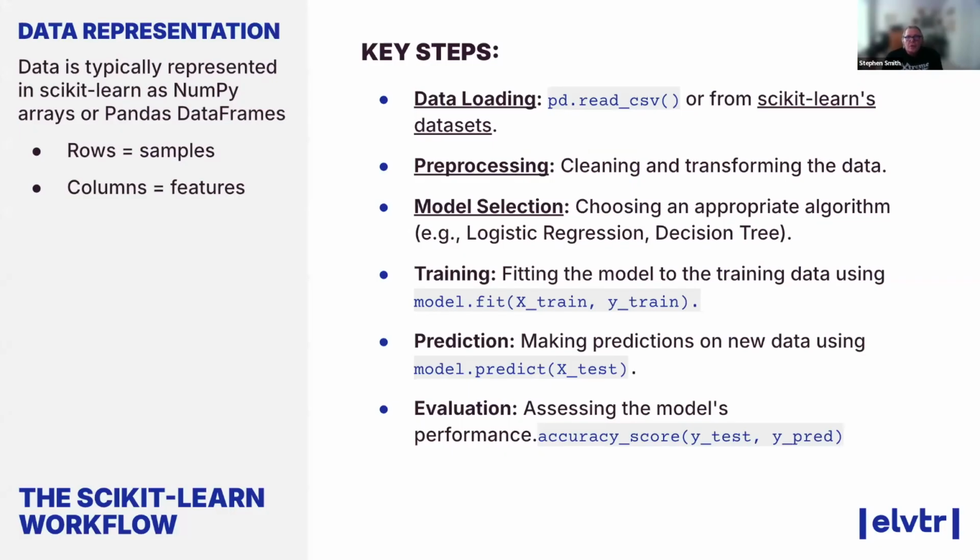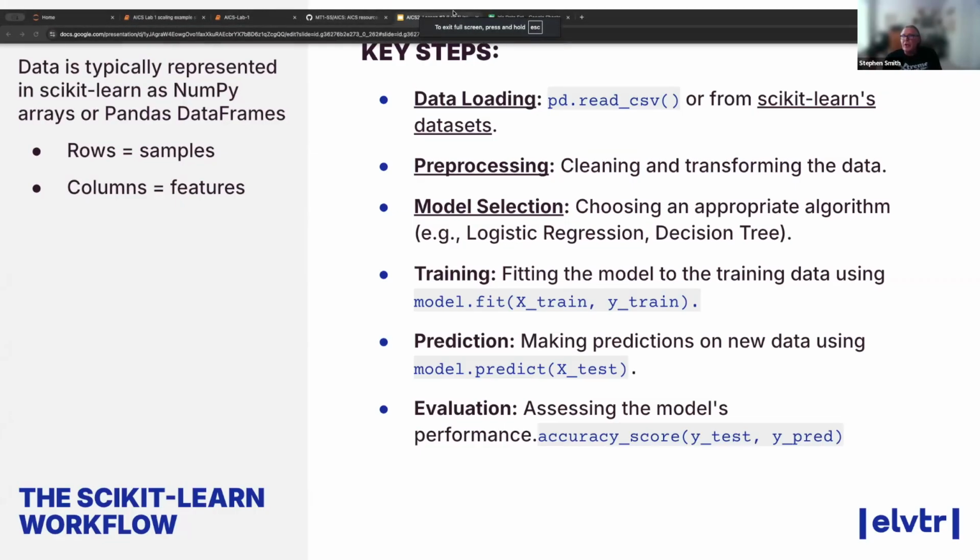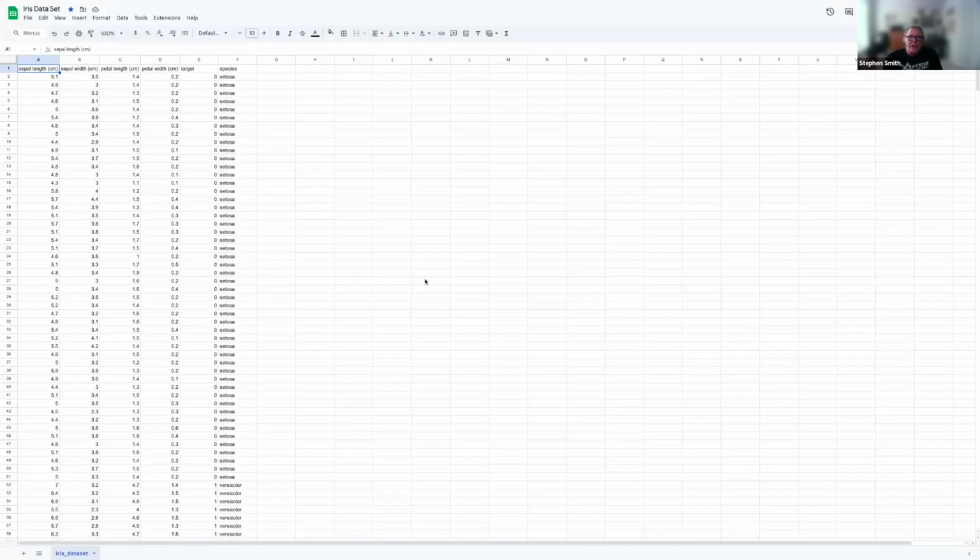Okay, so let's talk about data representation. Data typically starts out in a bunch of different forms. It can be log files, it can be a CSV file. I have an example here. This is the data we're going to work with in the example later. It's just a spreadsheet. This is the iris data set we're going to work with.